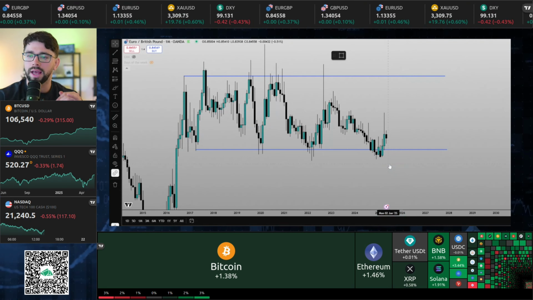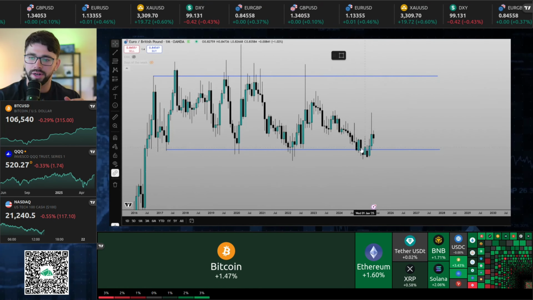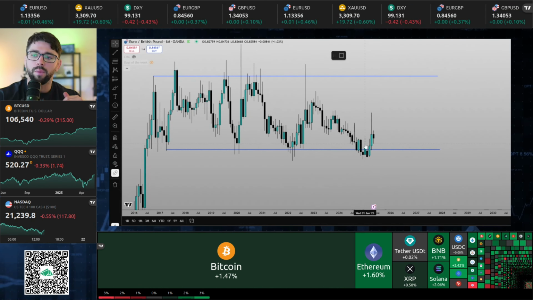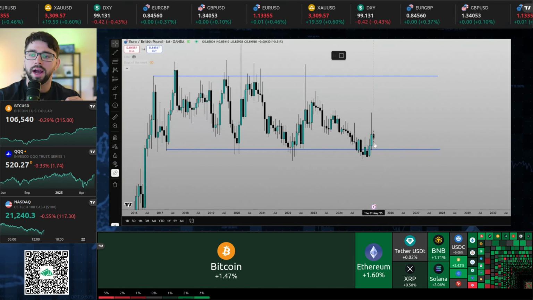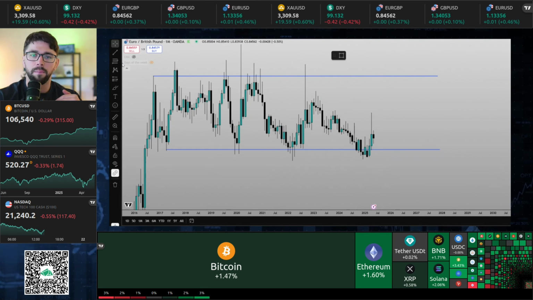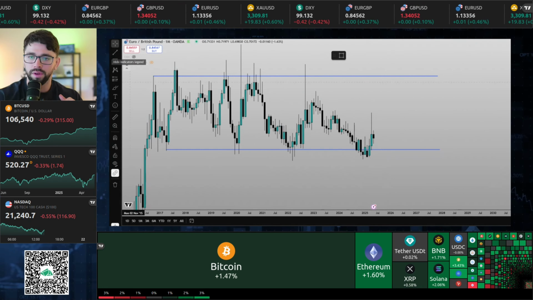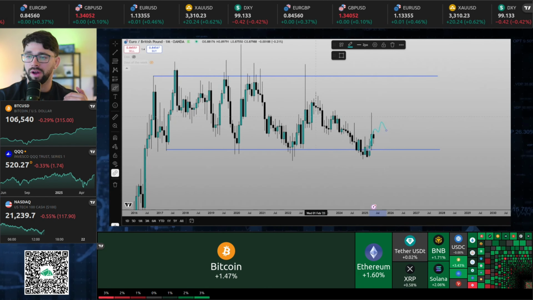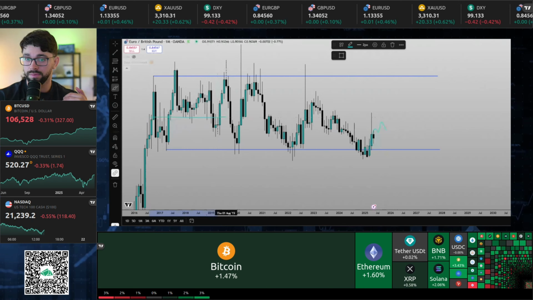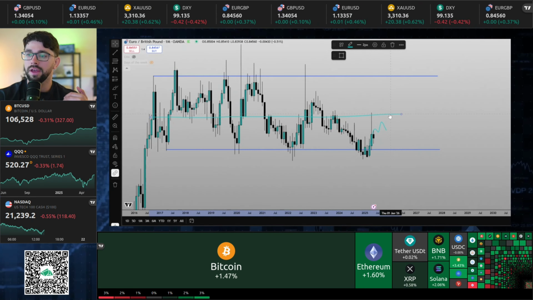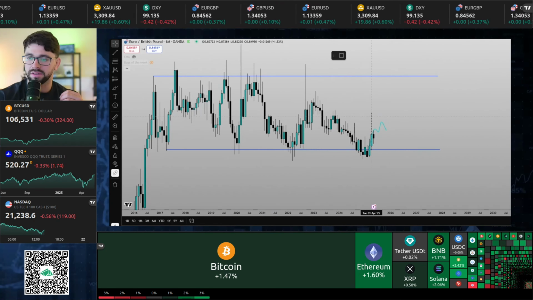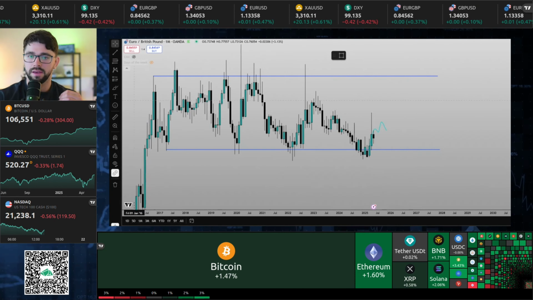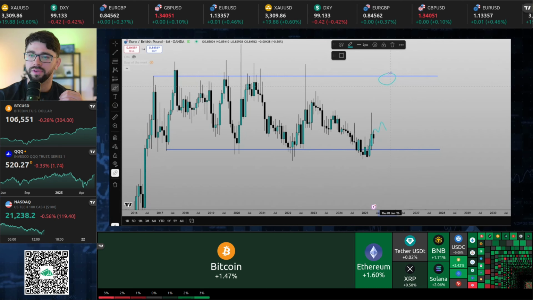So looking at the monthly, we've seen that deviation, and now we've come back into the range and are trading back into it. My bias overall is that now we've come into the middle of the range, possibly we're going to come in to fill in this wick, and then maybe go to the top of this range.